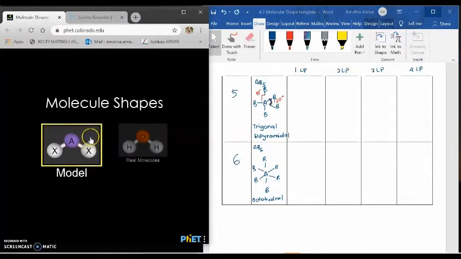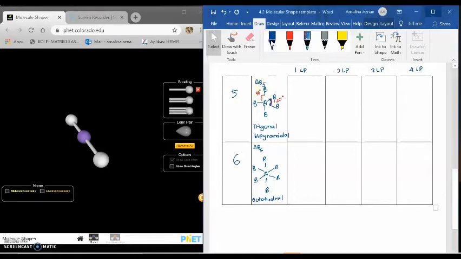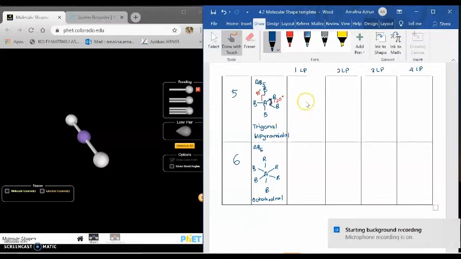Right, so let's continue with the next geometry. If you have 5 bonding pairs, you will have the molecule as AB5. The geometry will be trigonal bipyramidal. But what if I have 1 lone pair on A?